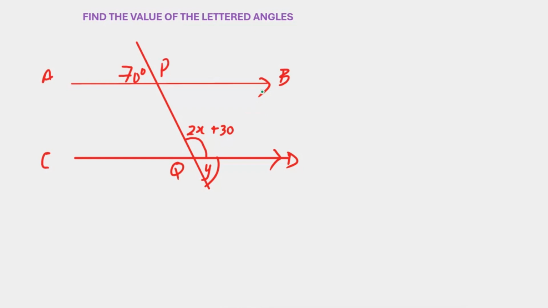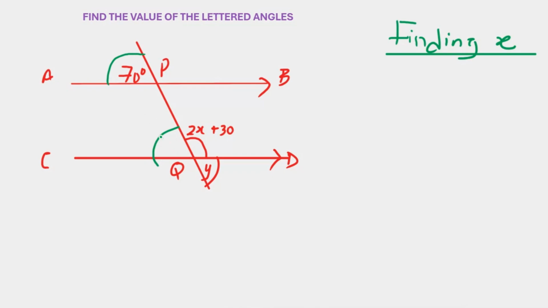So let's begin. I want to start with x. So let's find the value of x. Okay, so I can see that this particular angle, 70 degrees here, corresponds to this particular angle.